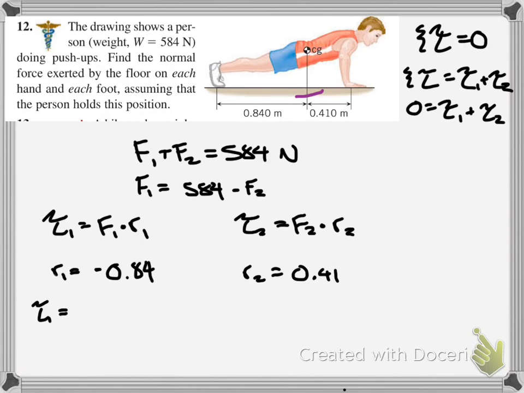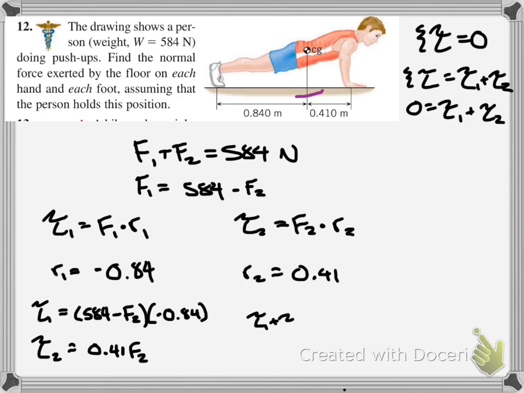So, since we had said that torque 1 is equal to F1 times R1, we know what F1 is. So F1 is 584 minus F2. And we know what R1 is, which is negative 0.84. We also know what torque 2 is because of the values given before. So torque 2 is going to be 0.41 F2, because it's 0.41, which is the radius, times the actual force F2.